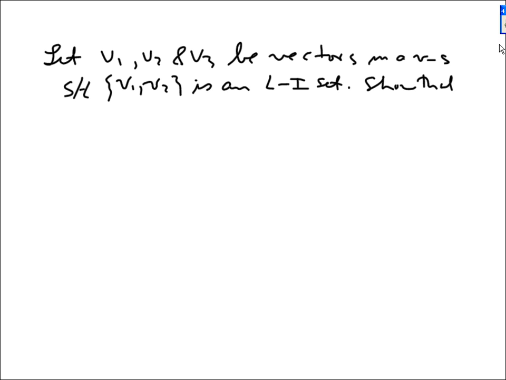Show that if V3 is not in the span of V1 and V2, that is, V3 is not a linear combination of V1 and V2, then the set V1 through V3 is a linearly independent set.